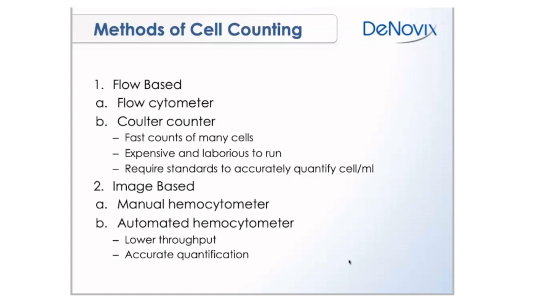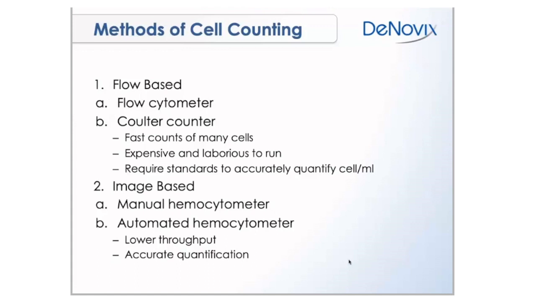What we're going to be focusing on today is image-based cell counting. And that comes in 2 flavors: manual hemocytometer, which is what everybody knows, the grids that you look at under the microscope and you sit there and click away on your counter, counting cells. And then automated image-based hemocytometers, sort of like the CellDrop.